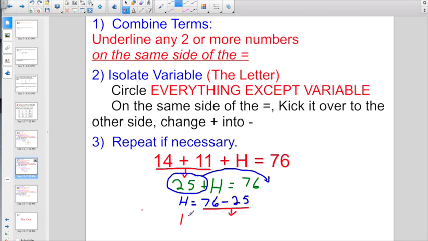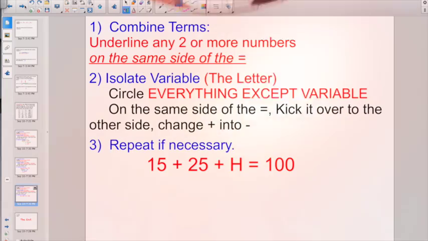I did not underline H. I did not underline the equal sign, but I did underline and combine 76 minus 25. 76 minus 25, hey, that would be 51. So H equals 51.